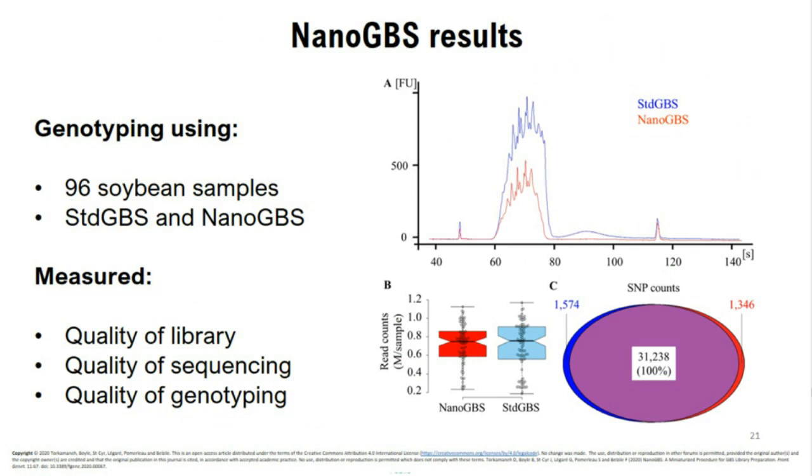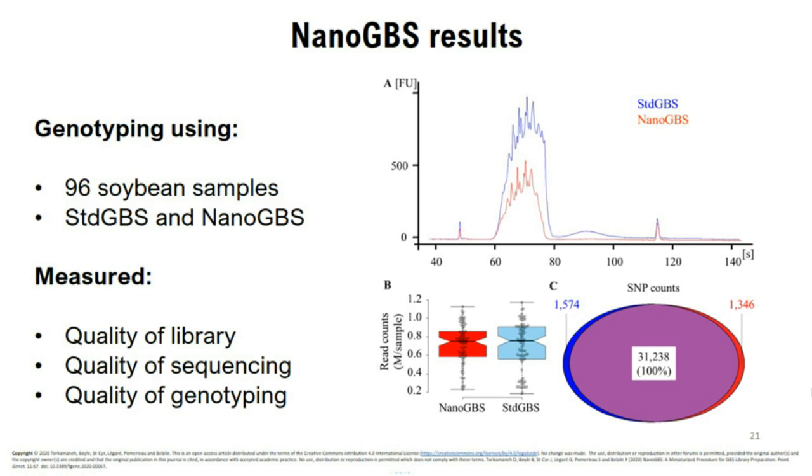So we ran the NanoGBS and StdGBS on 96 soybean samples, for which we have the whole genome sequencing data, a very solid data set to be able to compare the results. We prepared the libraries, ran the sequencing, and then measured the quality of the library, sequencing, and genotyping. In the figure at the top, we have the libraries developed using the NanoGBS approach and also the StdGBS approach.